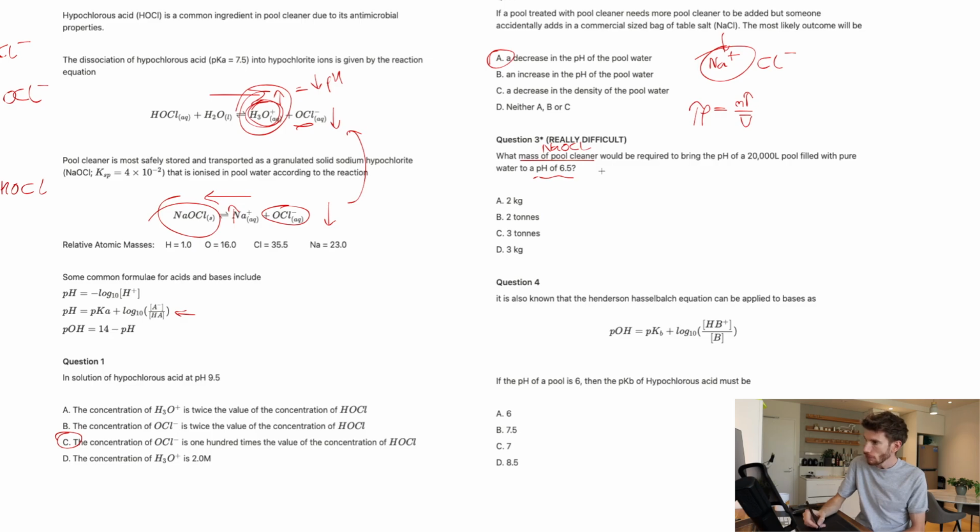So the first thing is if I have a pH of 6.5, then the pH, remember, was equal to pKa plus the log 10 of the hypochlorite over the concentration of the acid. So I do have a couple of numbers here.